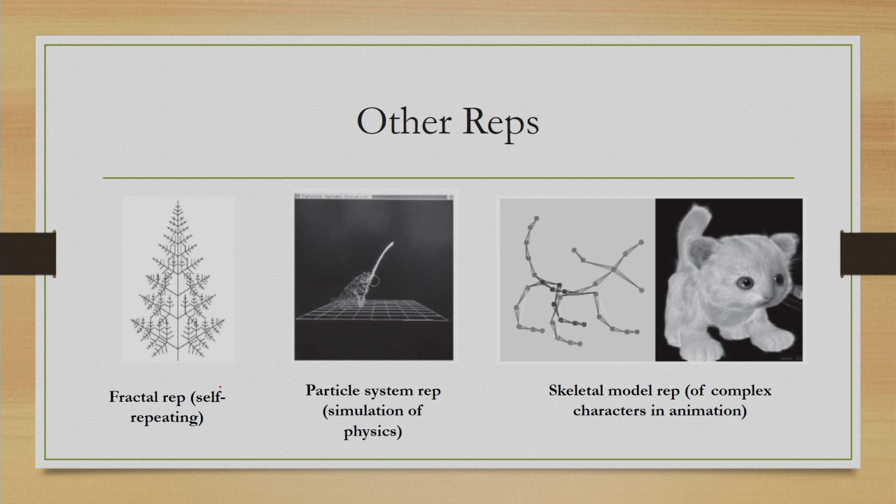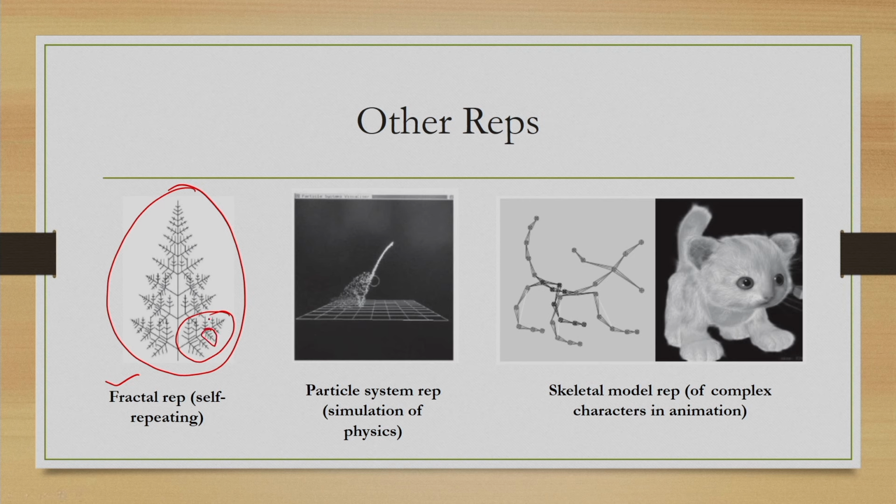There is one technique called fractal representation. For example, see this figure of the tree. Here, if you look closely at each branch of the tree, you will see that the overall structure is replicated in each branch. So, the whole tree structure is replicated in each branch, and within this branch sub branches replicate again the tree structure.